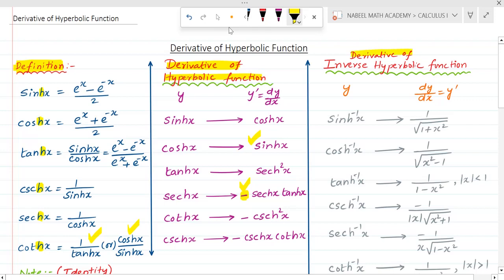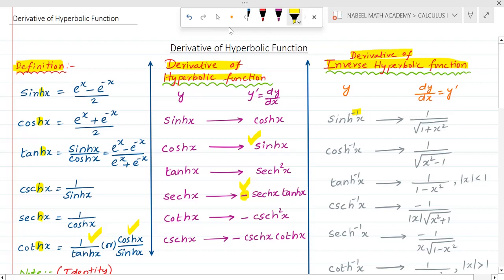Now the next one is the inverse hyperbolic functions. So how will you write this? The derivative of sinh inverse x is 1 over square root of 1 plus x square.